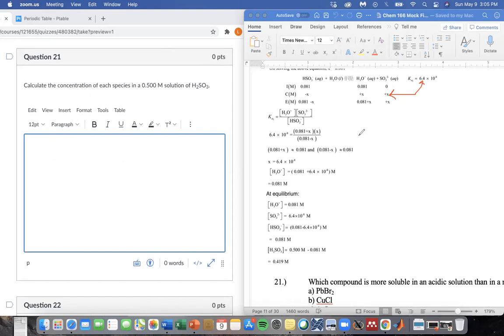It could literally just ask you how much SO3 2- will be formed if your Ka for H2SO3 is 6.4 times 10 to the -8. Then right off the top of your head, you can say it would be 6.4 times 10 to the -8, because that's the product you get after the second ionization.